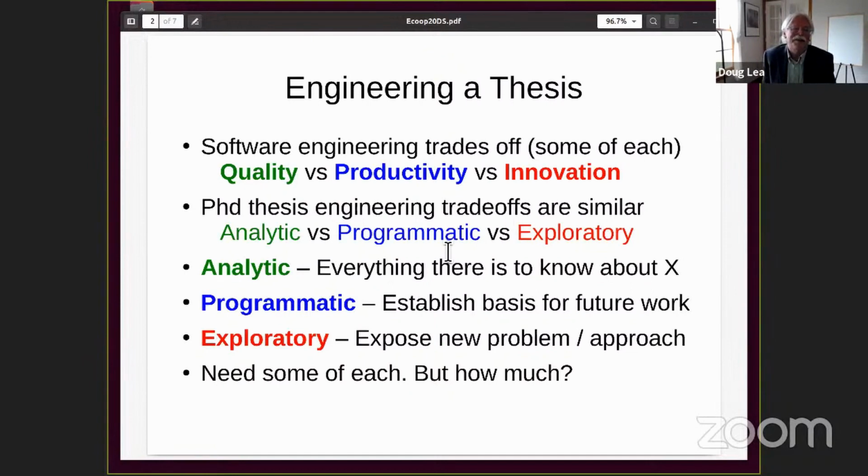So there's a tension about writing, investigating literally everything there is to know about something, and or creating a staircase that you can keep climbing and using the thesis as a stepping stone for later work.